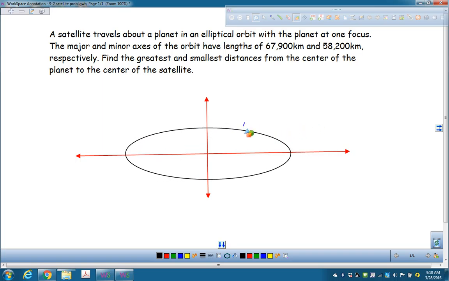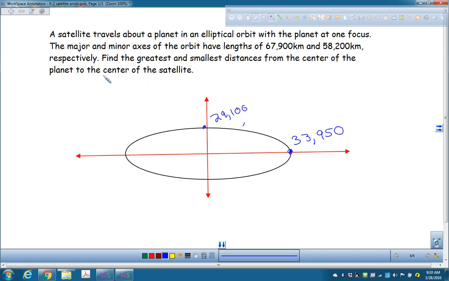The major axis of the orbit is like 67,900, so half of that would be 33,950. And the minor axis half would be 29,100.